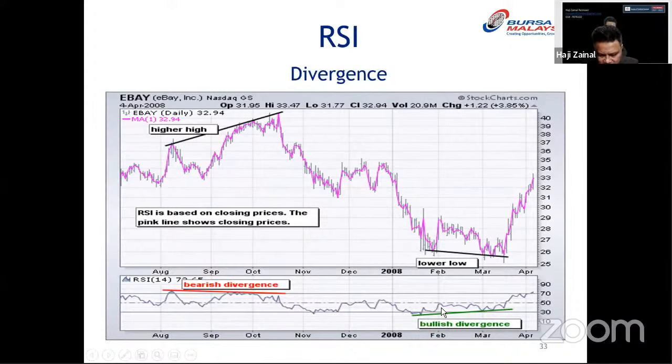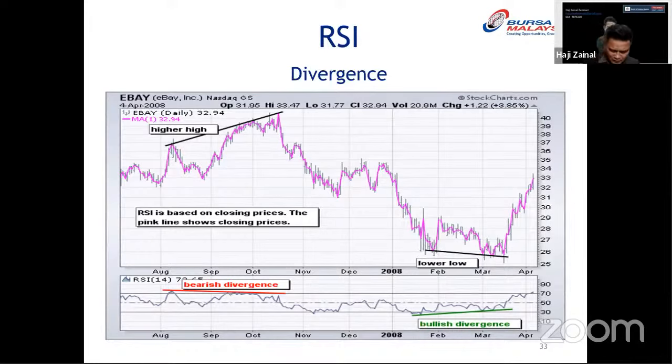If you notice here, the price action is making a lower low, but the RSI is making a higher low. So what does it tell you? It tells you that the downtrend is going to end very soon. That's what it tells you.